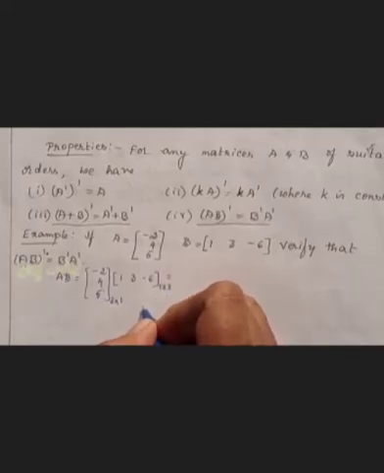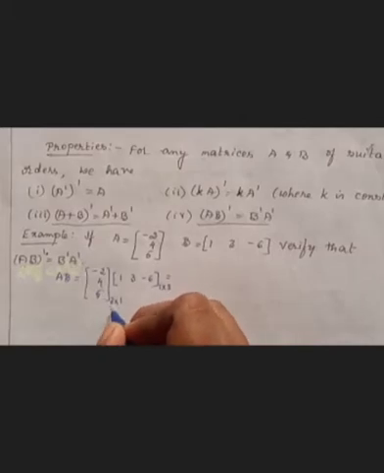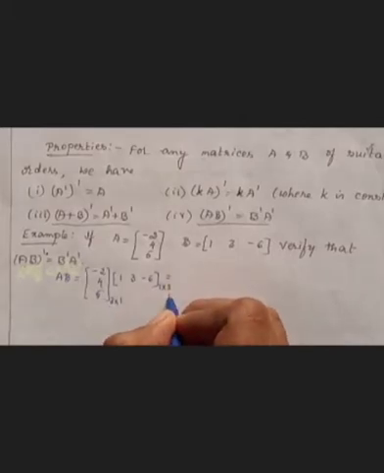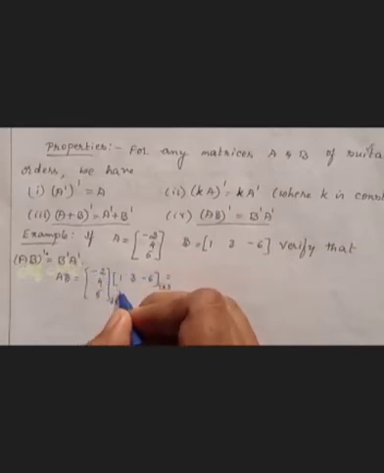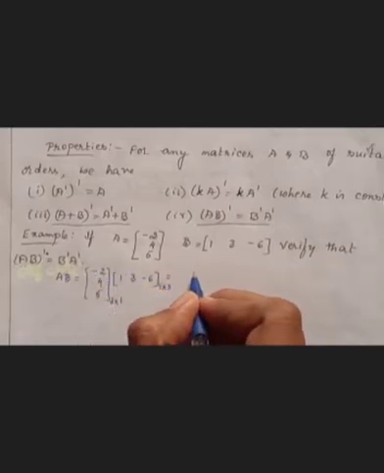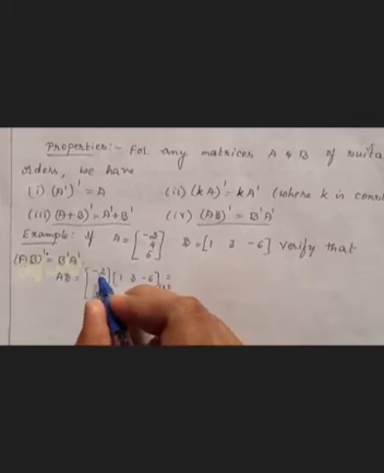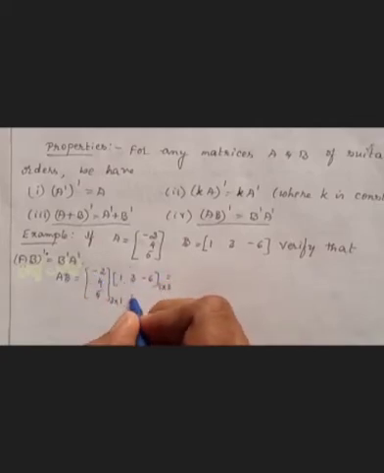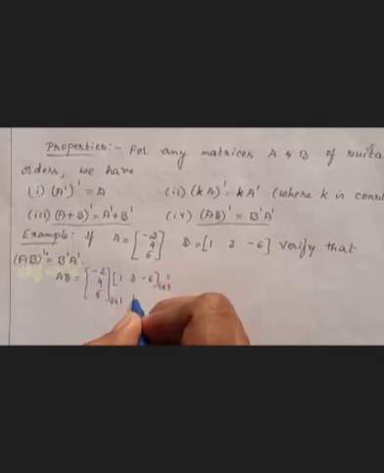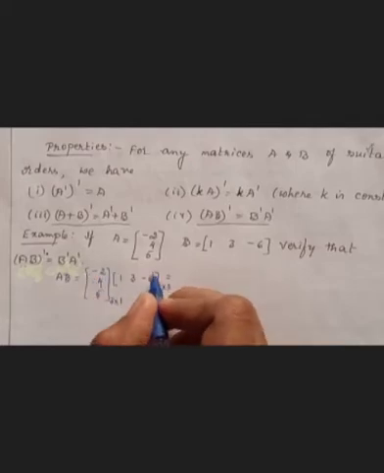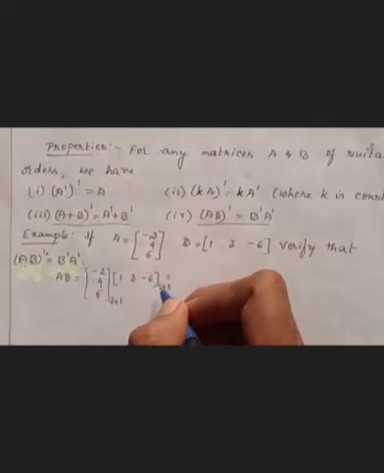So the resultant should be 3 rows, 3 columns. Remember it. The first row, first entry is the first entry of the resultant matrix. First row, first column, first row, second column, and first row, third column. That is the first row of the resultant.